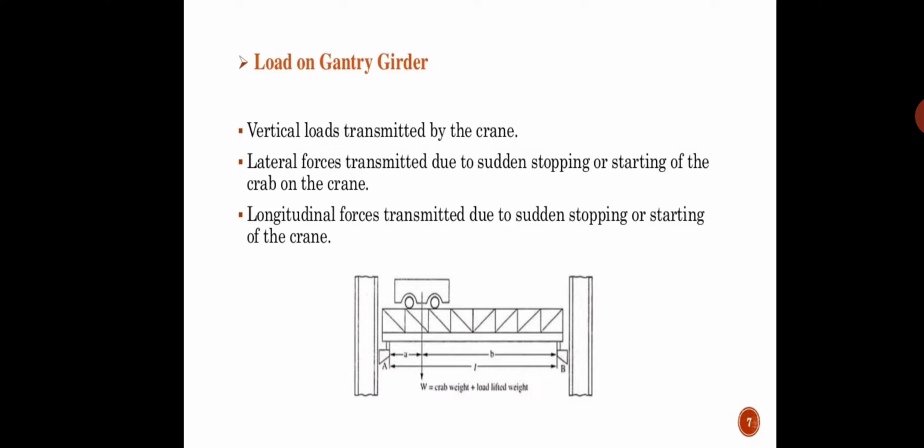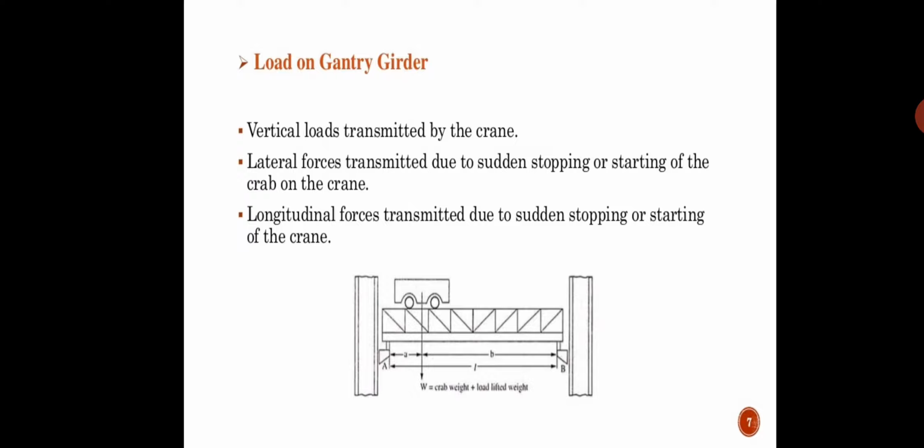So there are two forces. The first is when the crab moves and stops, and the second is when the crane moves and stops. Here you have to note that when the crab moves or stops, the force is transmitted as a lateral force. But when the crane starts and stops, the load is in the longitudinal direction. That's why it is a longitudinal force.